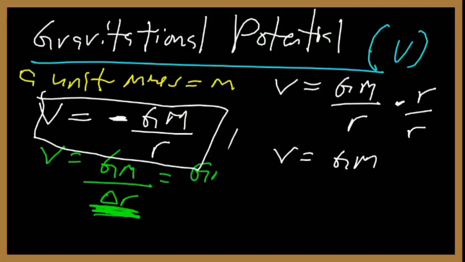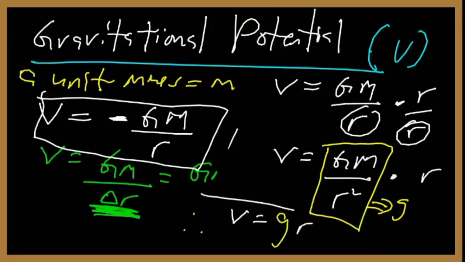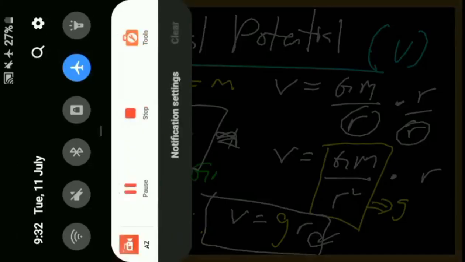Recall that GM all over r square is equal to g. So therefore my V is equal to gr. Exactly. This is another formula for gravitational potential. You either use this or use this.